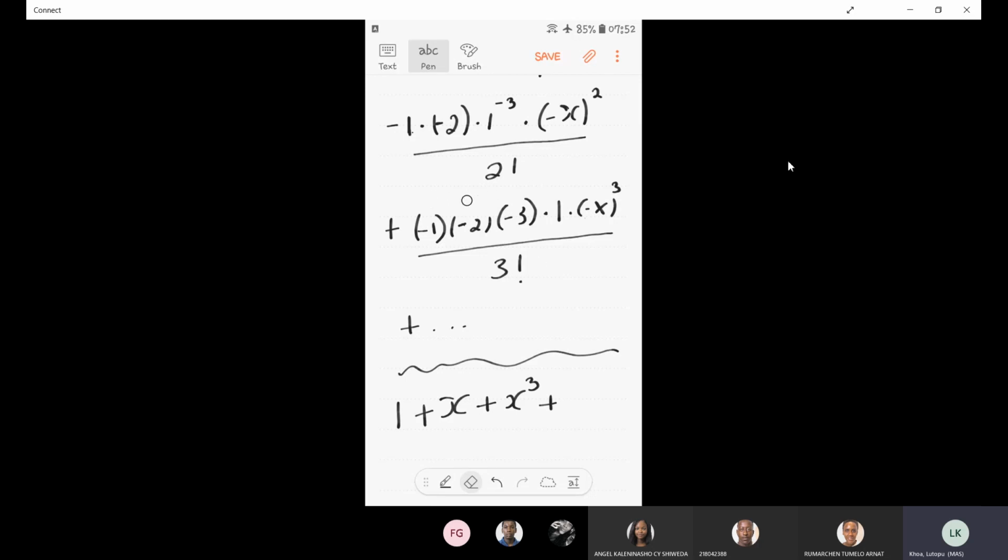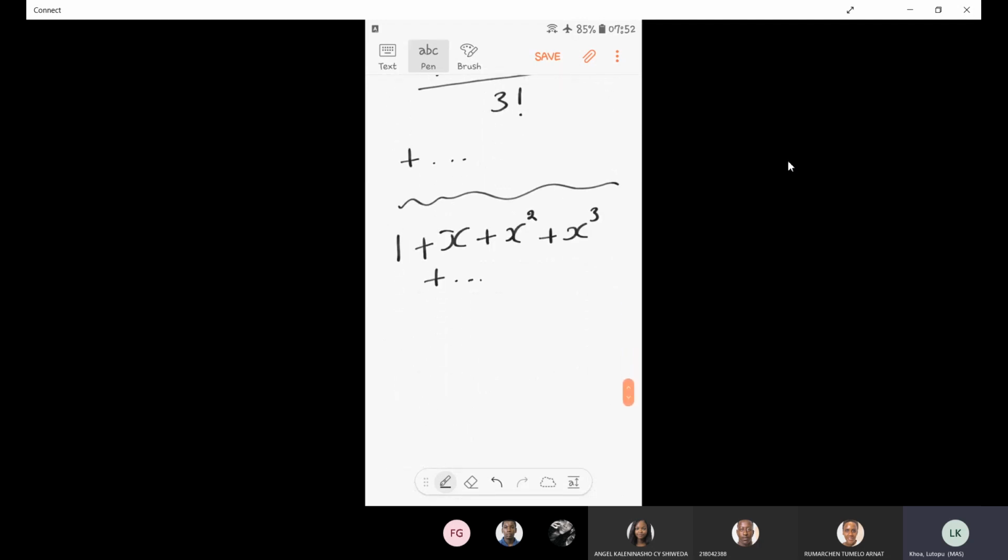So this 3 times 2 times 1 in the numerator will cancel with this 3 factorial, and I'll just be left with 1 and x to the power of 3. And then I have dot, dot, dot, like that. Okay, so this is my answer with 4 terms, and then my restriction.